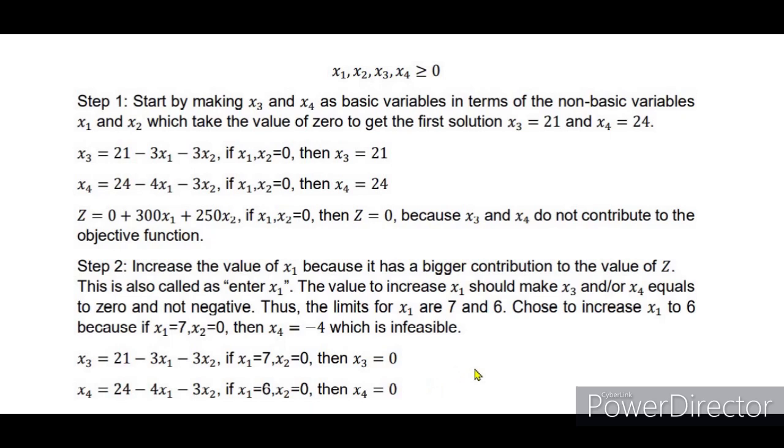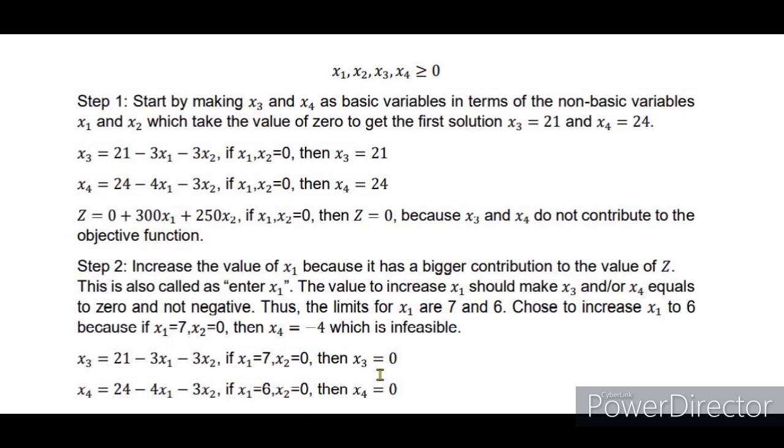Next, for the second constraint, if x sub 1 is equal to 6 and x sub 2 is equal to 0, then x sub 4 will be 0 also. Now, choose to increase x sub 1 to 6, because if x sub 1 is equal to 7 and x sub 2 is equal to 0, then x sub 4 will be negative 4, which is infeasible.